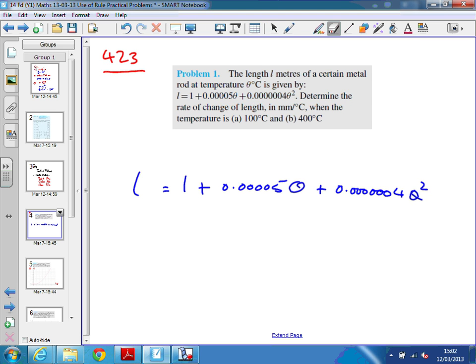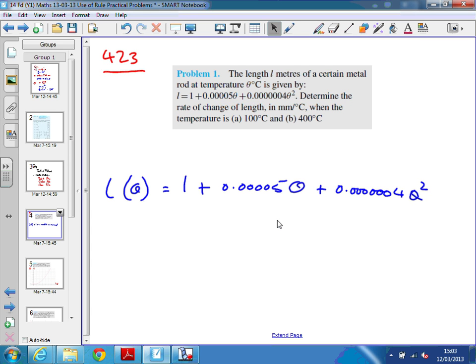So this length is dependent on theta, so I could write it as L brackets theta, which is telling me that this is the L function, something that's giving us the length of a piece of metal, and how that changes with theta.